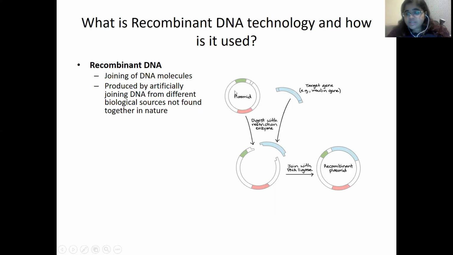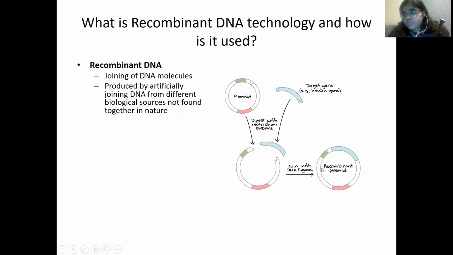We have a plasmid from a bacteria. We'll talk more about restriction enzymes a little bit later, but these restriction enzymes actually cut open at specific sequences. And then another target gene or something else comes in. So we have our plasmid opened up and our target gene coming in.